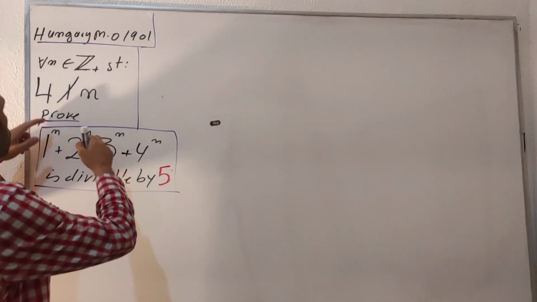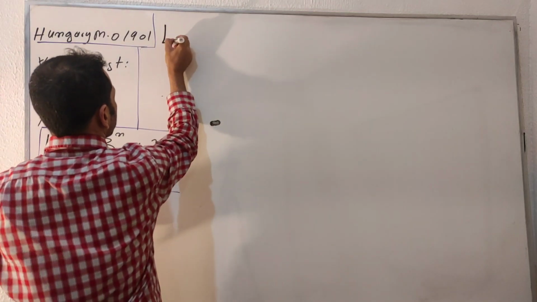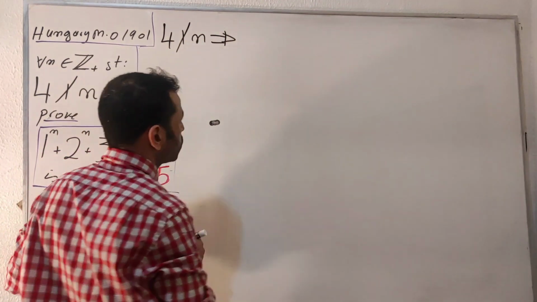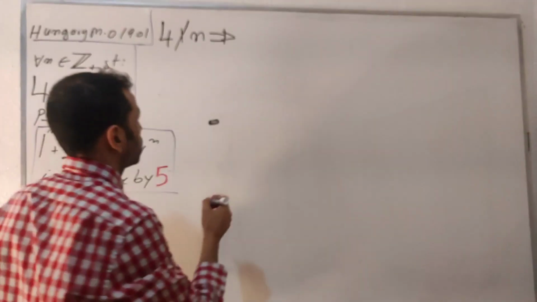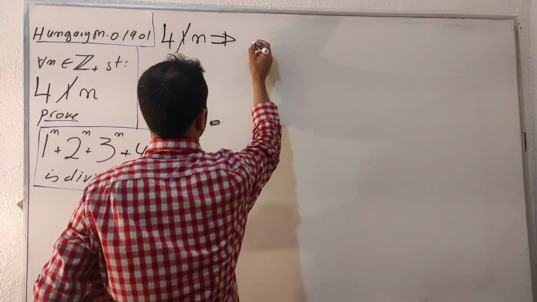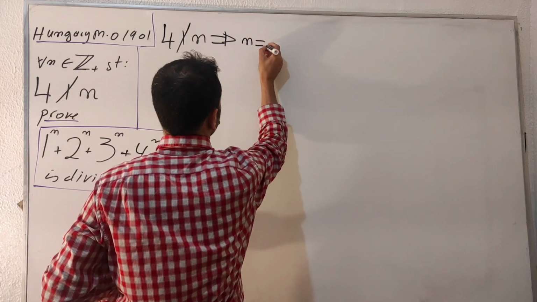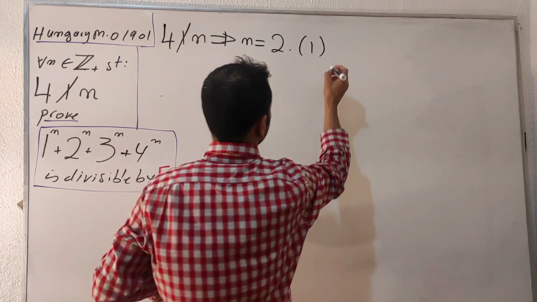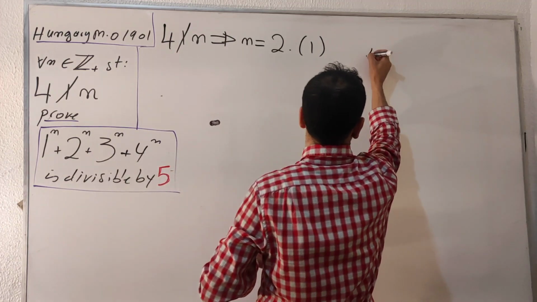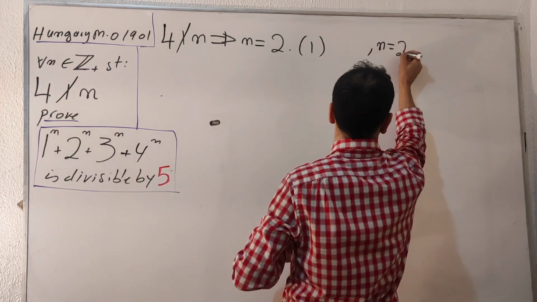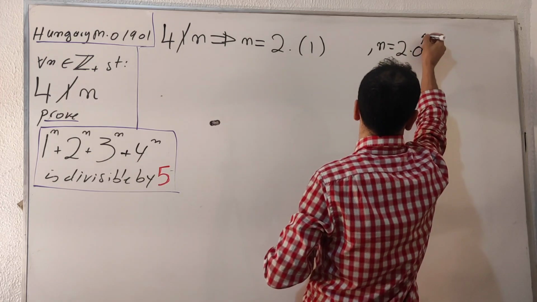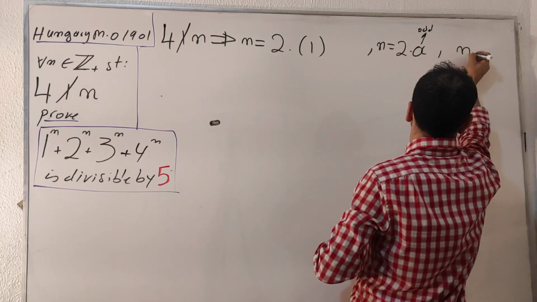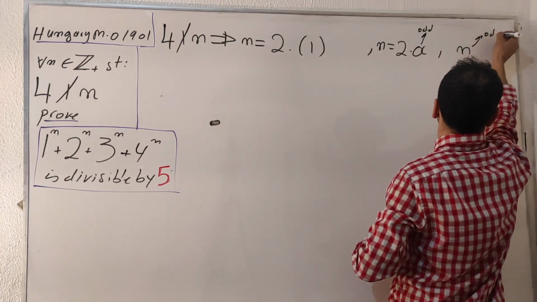So for 4 does not divide n, I'm going to divide this into three cases. We have three options: n equals 2 multiplied by the number 1, or n equals 2 multiplied by a where a must be odd, or n itself is odd.